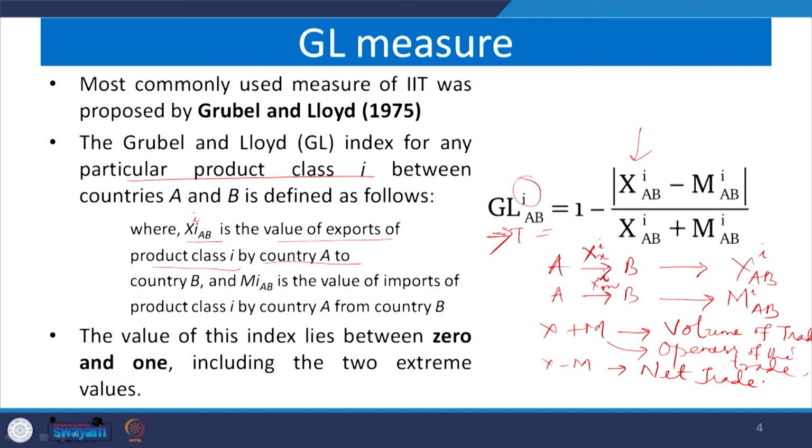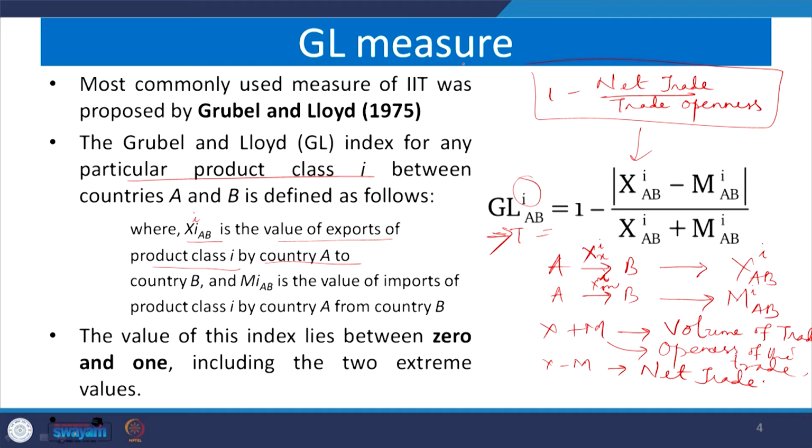So, broadly, in a nutshell, we are basically trying to find out net trade divided by total openness, total trade, or trade openness, and 1 minus this. That means how the net trade is a proportion of the total openness within the industry is all about the equation.